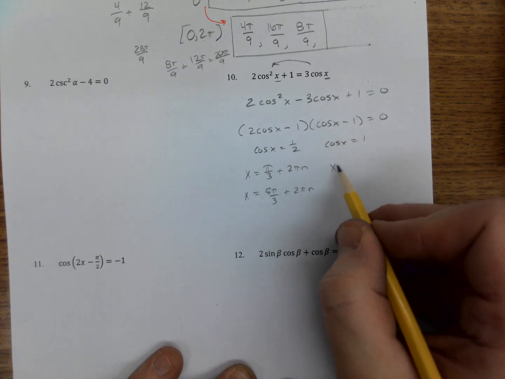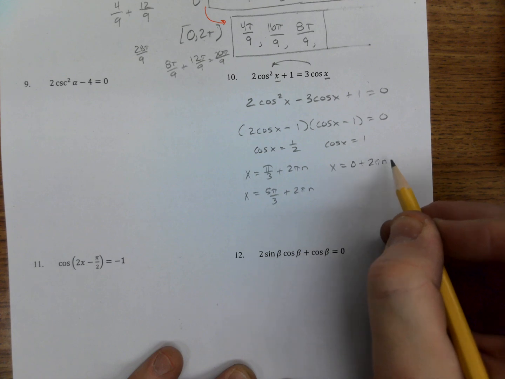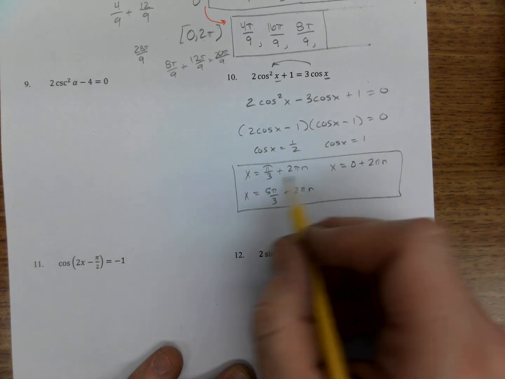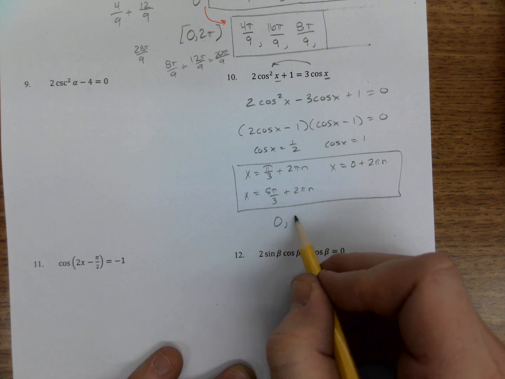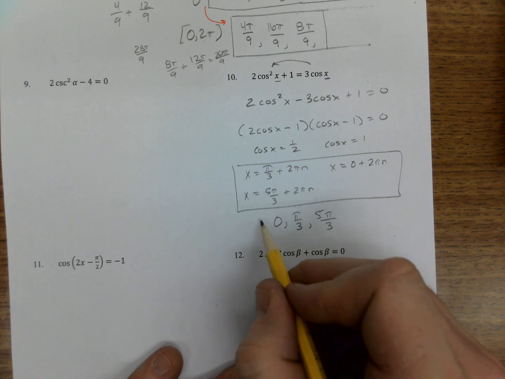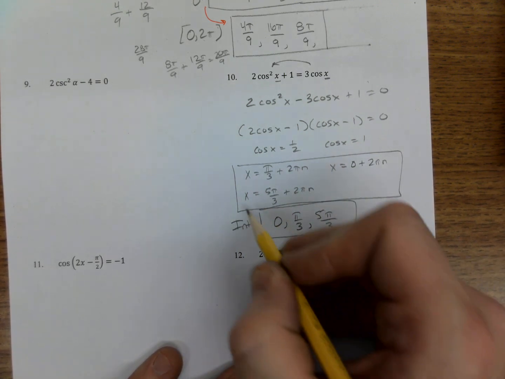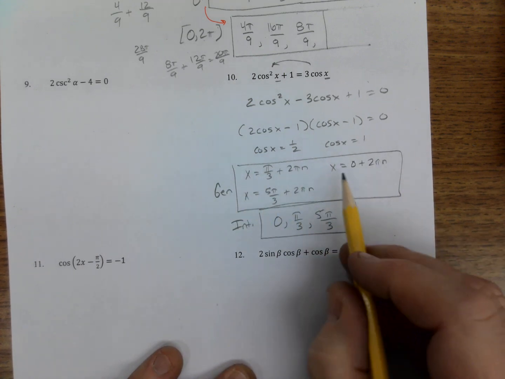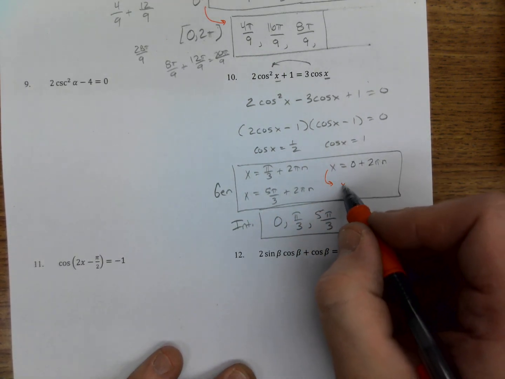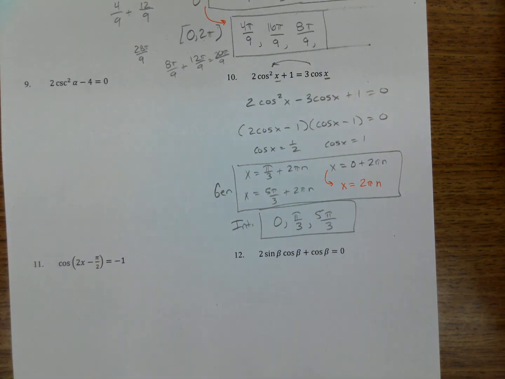Well, that's just starting at 0 and adding on 2 pi n. What's the interval solution? Well, it's all of these. It's 0 and pi over 3 and 5 pi over 3. Interval solution, general solution. We could simplify this down, right? 0 plus anything is just 2 pi n. We don't need the 0 on there.